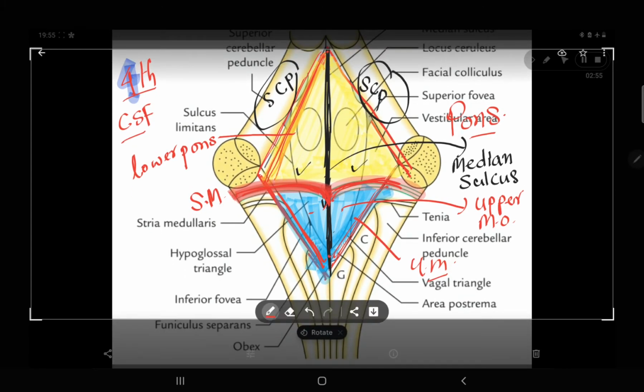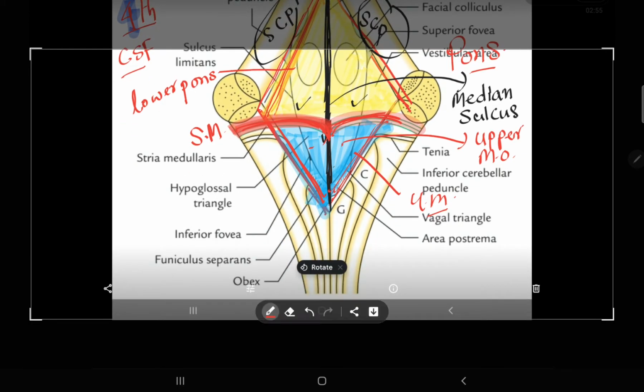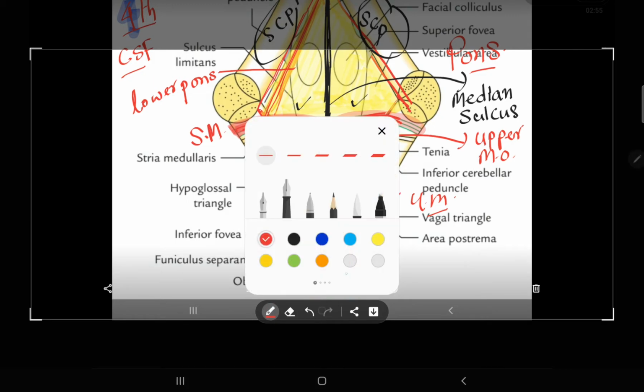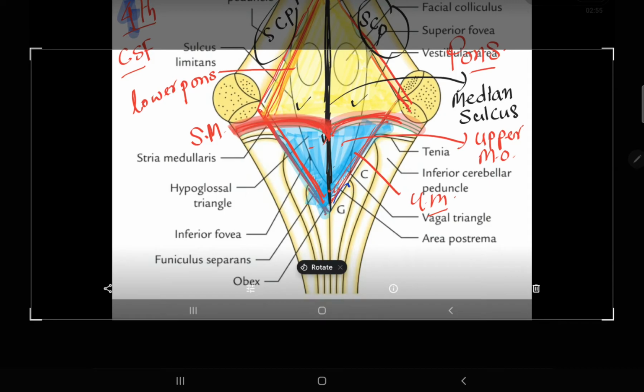Now come to the inferolateral boundary of your fourth ventricle. Here you can see in this inferolateral boundary one elevation, G, that is the gracilis elevation, and one elevation, C, that is the cuneatus elevation or cuneatus tubercle.